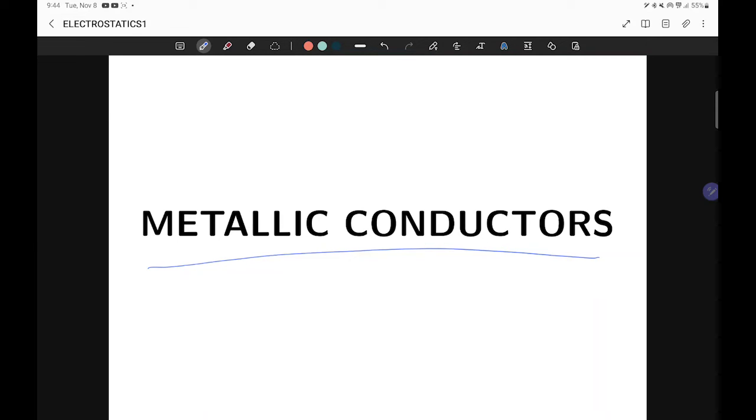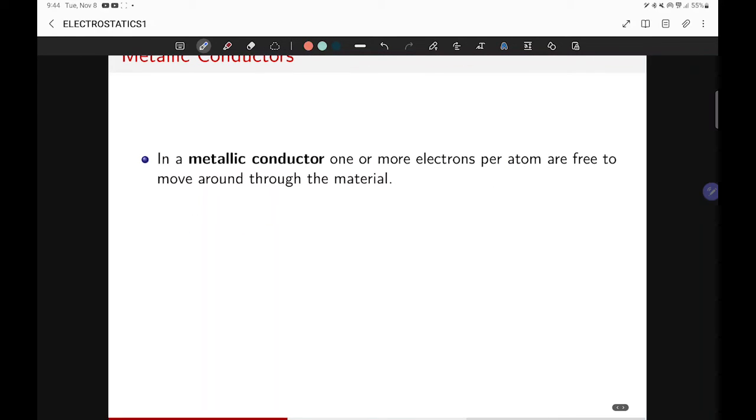These are present in your electrical wires, typically made up of copper. We consider them metallic conductors because the excess charge lies on the surface of the metallic object or conductor. So in a metallic conductor, one or more electrons per atom are free to move around through the material. That's why it is a perfect material for conducting electricity, because it has free electrons that can move around.